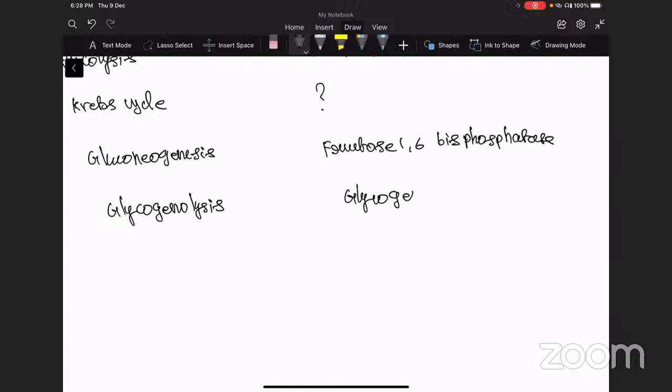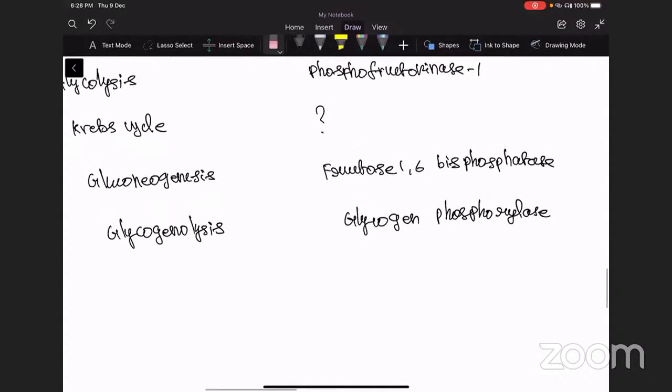Rate limiting step is glycogen phosphorylase. Yes, very good. Ashley Simon, isocitrate dehydrogenase is the correct answer. Very good.